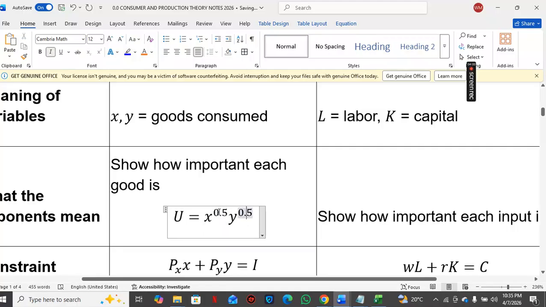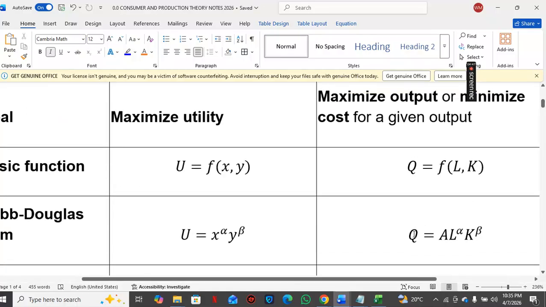For production theory, if you see L to the power 0.5 and K to the power 0.5, it means capital and labor are of equal importance to you.